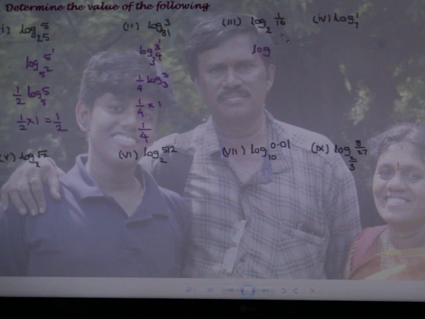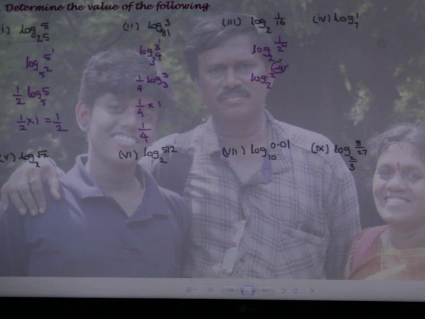Log 1 by 16 can be written as 1 by 2 power 4, base 2. If you bring it to the numerator, the power becomes negative: 2 power minus 4, base 2.